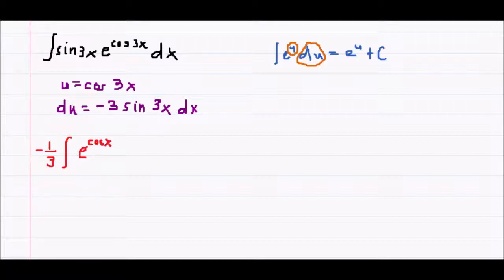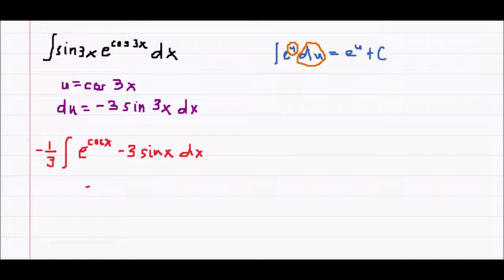Then our du is negative 3 sine 3x dx. You might say, sir, it is different from the given integral. But if you look closely, if we multiply negative 1/3 to negative 3, it will be equal to 1, so our new integral will just be equal to the original one. So we could now apply our formula.